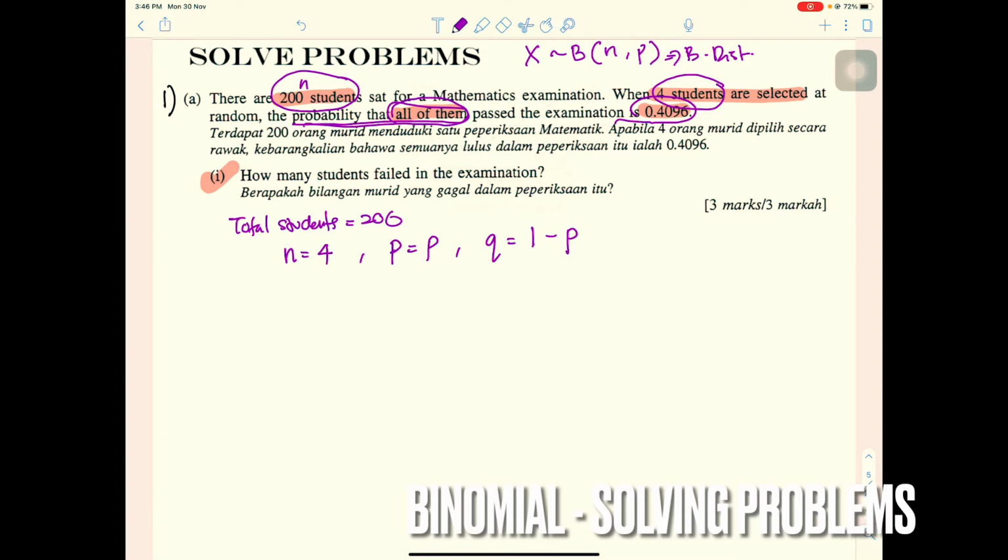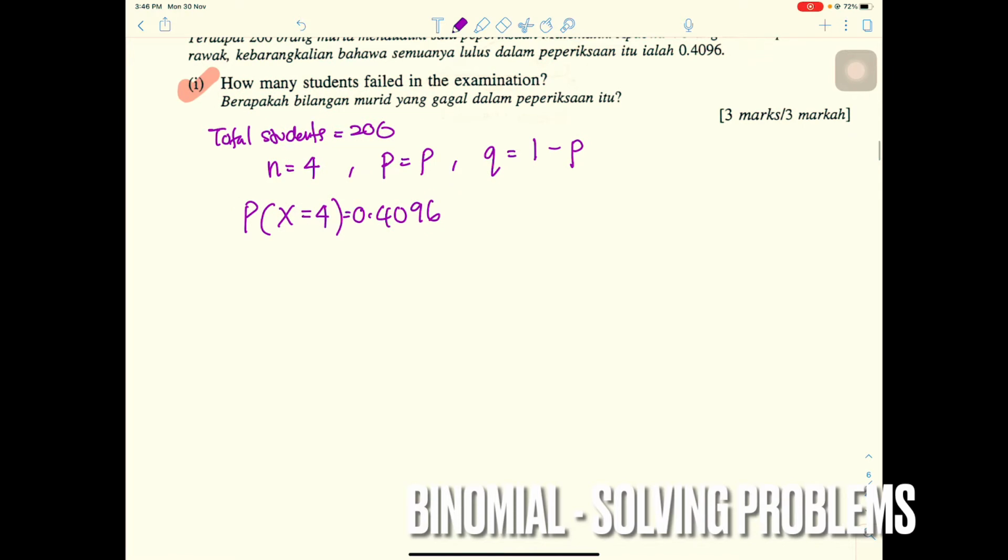Okay, so let's set up the equation of the probability. Because n equals 4, therefore the probability of x equals 4 is equal to 0.4096. Okay, this is the equation. And then substitute the values that we know for n, p, and q.